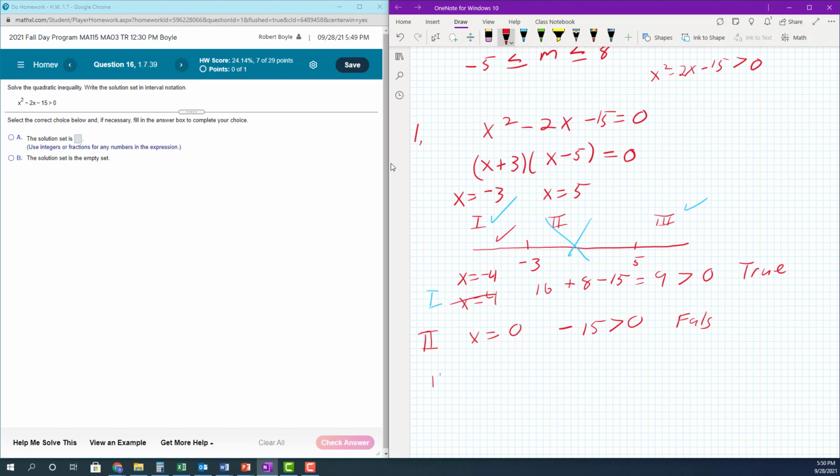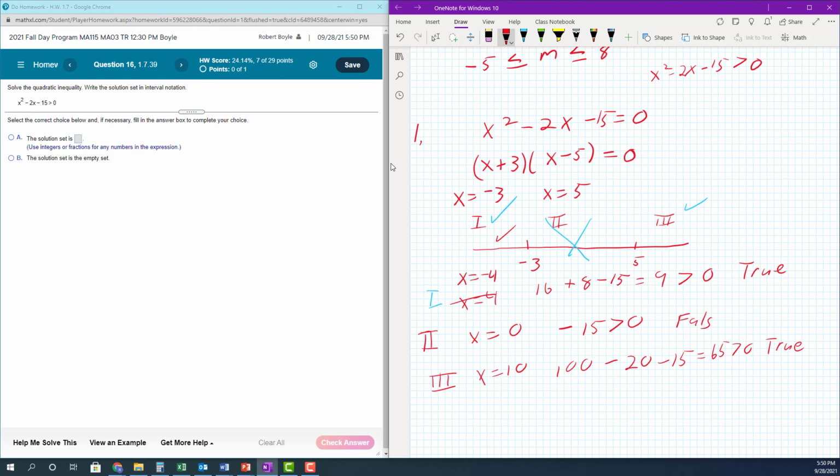And then for interval 3, how about we do x equals 10? 10 is a really easy number to work with. 10 squared is 100. Minus 20, 2 times 10. Minus 15. Well, that should be 65, which of course is indeed greater than 0, so this is true.